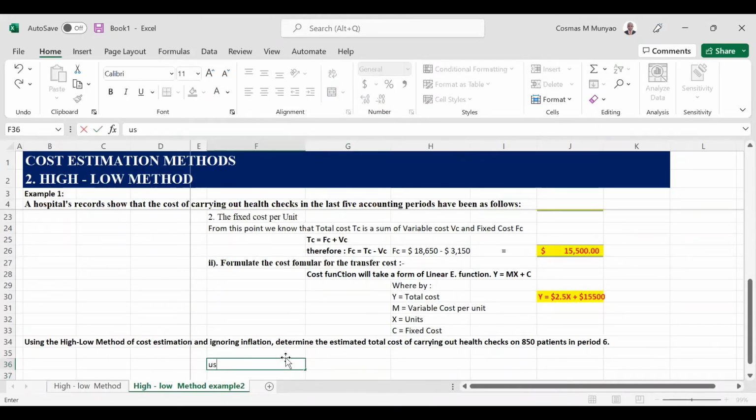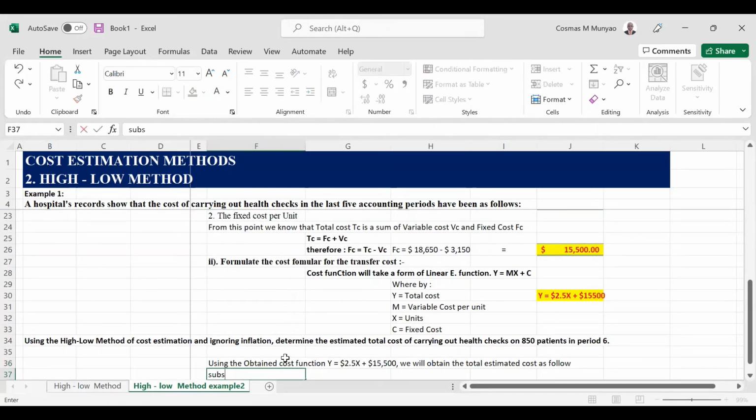Using the obtained cost function, y equals 2.5x plus $15,500, we will obtain the total estimated costs as follows.